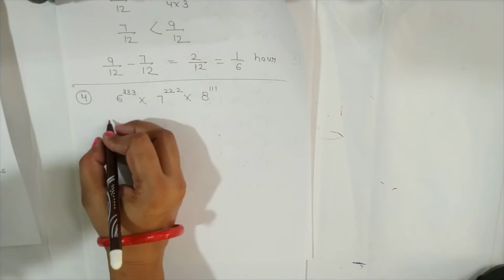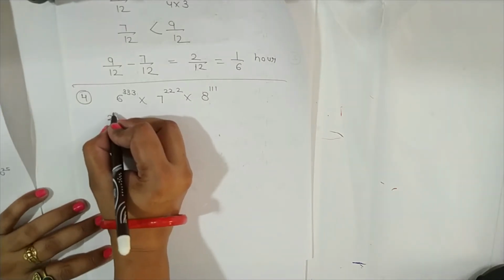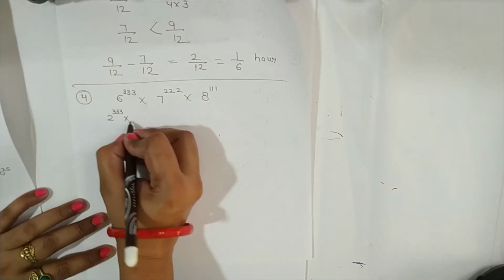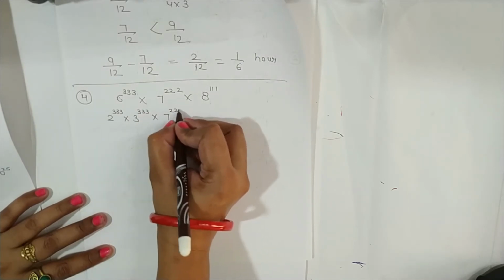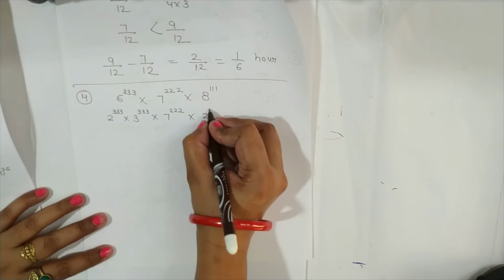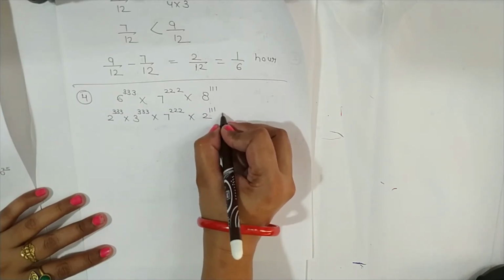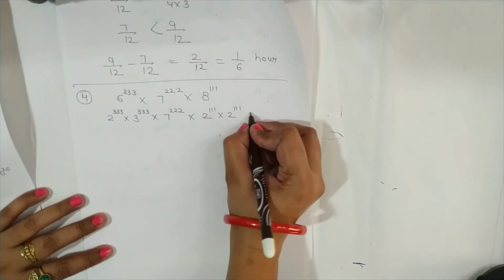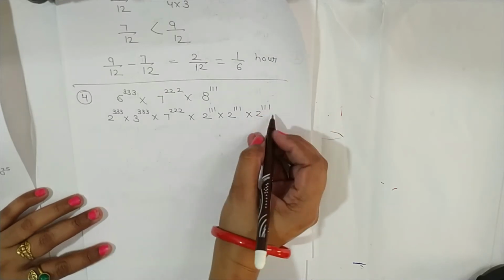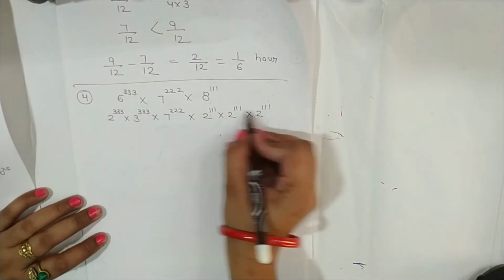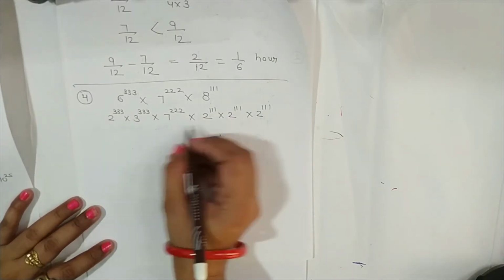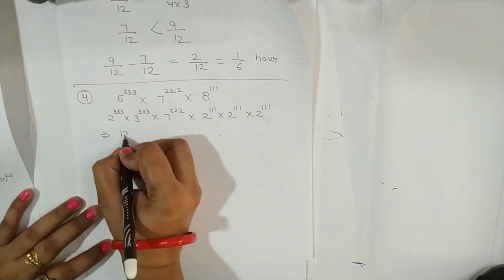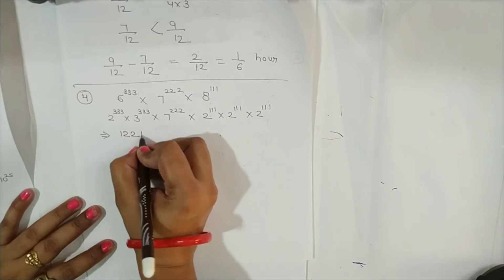So here it can be written as 2 to the power 3, then 3 to the power, then 7 to the power, and 2 to the power 11, 2 to the power 1, then 2 to the power 11. Now you have to add these powers. So when you add these, it becomes 1, 2, 2, 1.